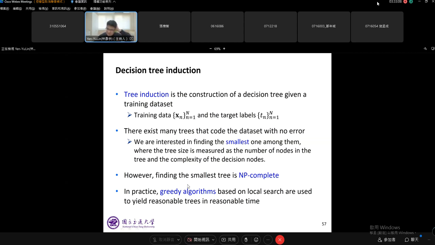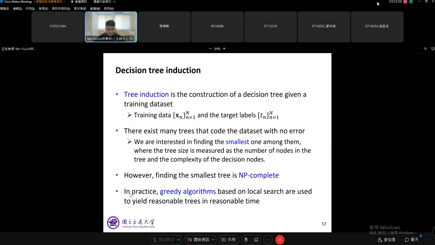However, it can be proved that finding the smallest tree is an NP-hard problem. So it is impossible to find the optimal smallest decision tree for some particular task in general. So in the literature, we don't search for the optimal decision tree.